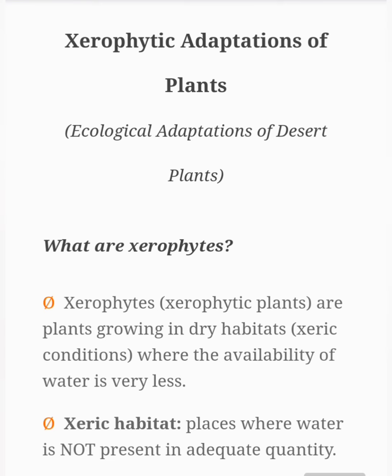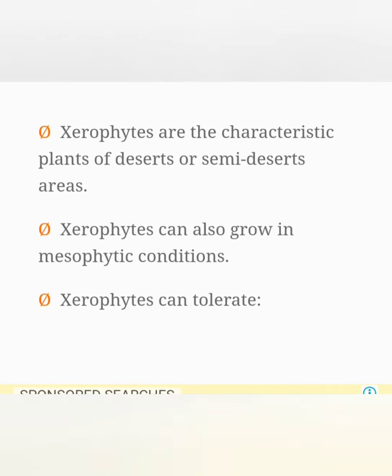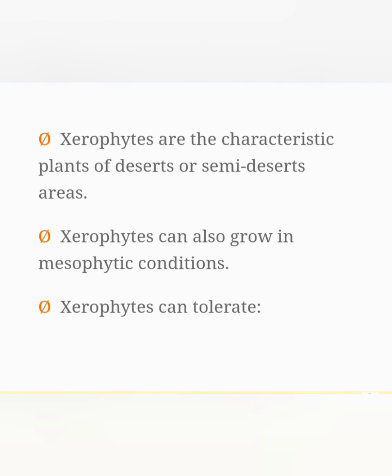Now, the xeric habitat, as I said, is a place where water is not present in adequate quantity. Xerophytes are the characteristic plants of the deserts and semi-desert areas, and they can also grow in mesophytic conditions.